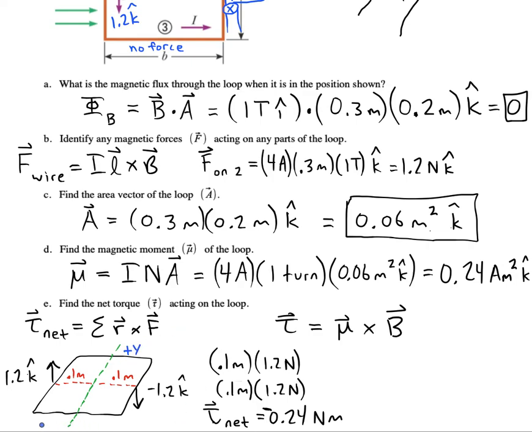And this would be the negative y. Because I'm laying the loop down, on the table. So we would say then that this thing is rotating about the positive y direction in the normal way, which would be 0.24 Newton meters J.